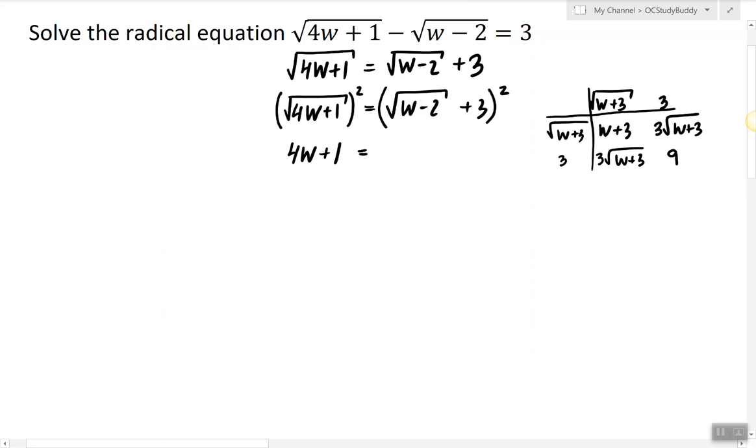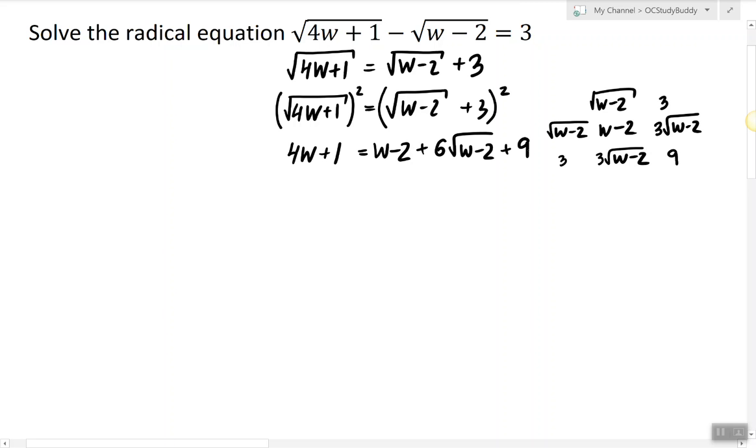And 3 times 3 is 9. I made a typo earlier. So it's w minus 2 plus 6 square root of w minus 2 plus 9.